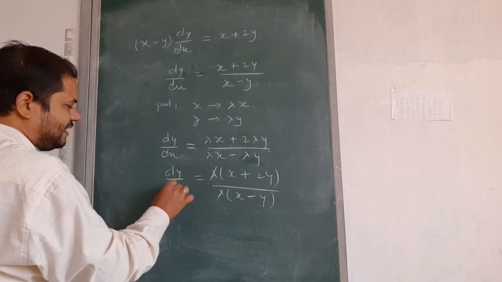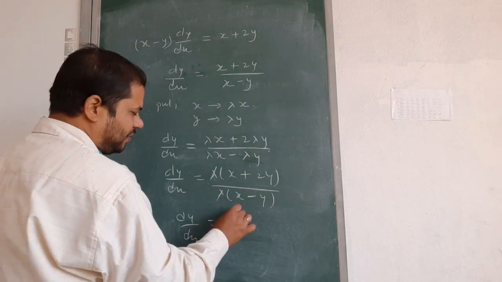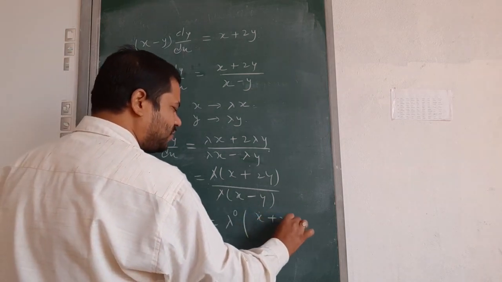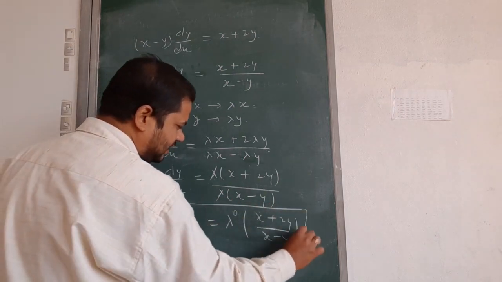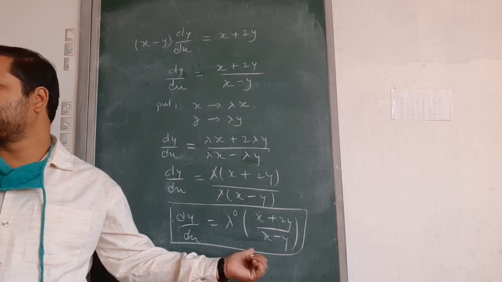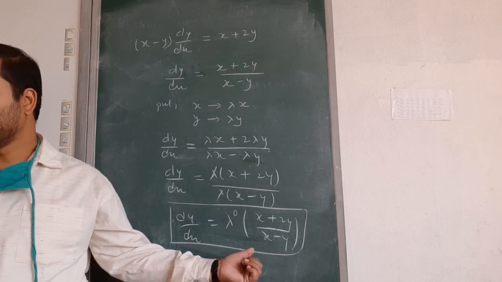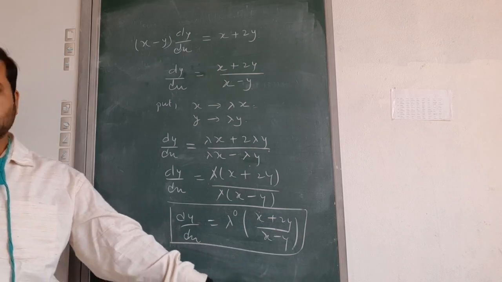So you can write dy by dx is nothing but lambda power 0 times (x plus 2y) upon (x minus y). So this is a 0 degree equation in lambda. Okay, so we can say this is the homogeneous differential equation.